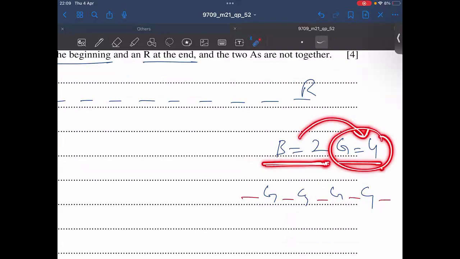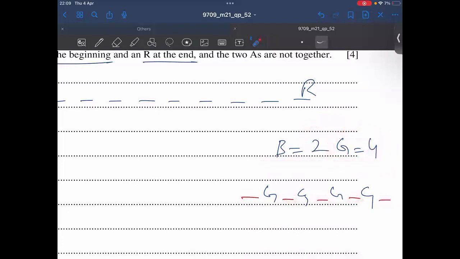And if you look at this number 4, how many alternate positions do I have for boys? That is coming out to be 5. If I increase the number of girls to 5, then these positions are going to become 6 in number.